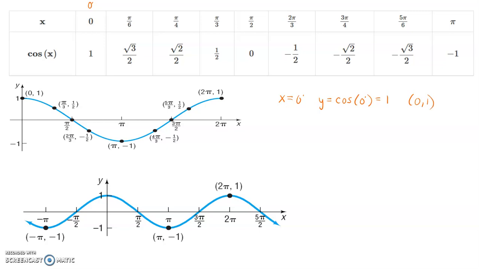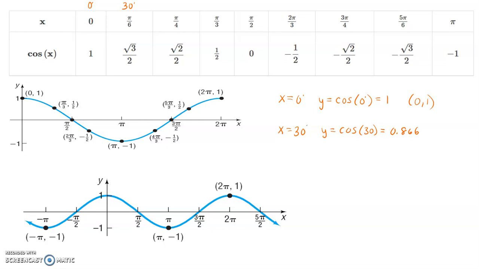Let's do a couple more. Let's take a look at pi over 6. That's the same thing as 30 degrees. So for an x value of 30 degrees, we've got y equals cosine of 30. And if you type this into your calculator, you're going to end up with a decimal here, 0.866, and you're probably going to have some more digits after that.